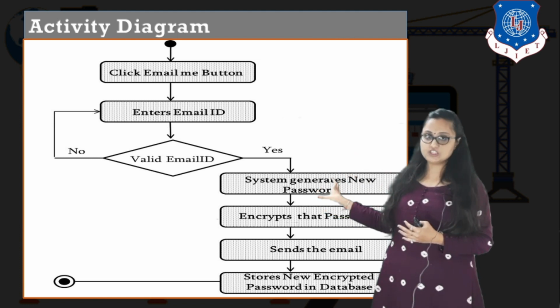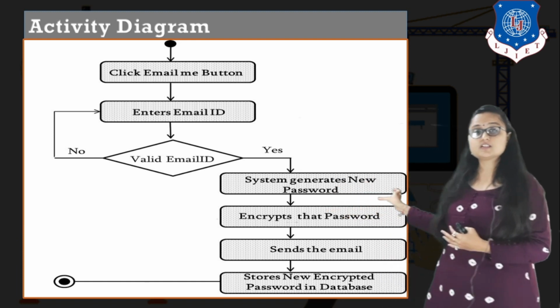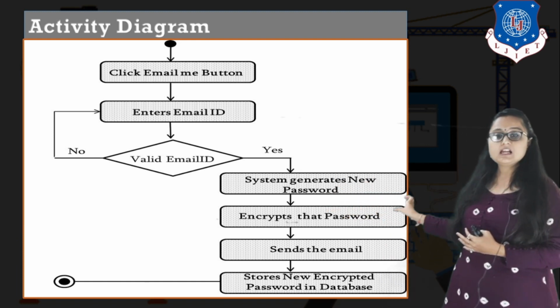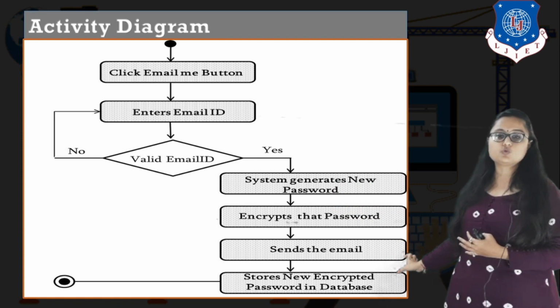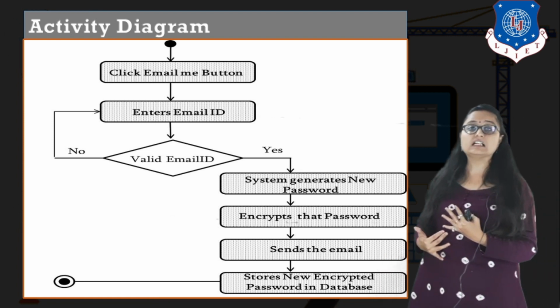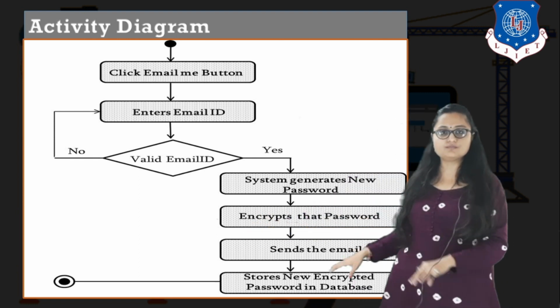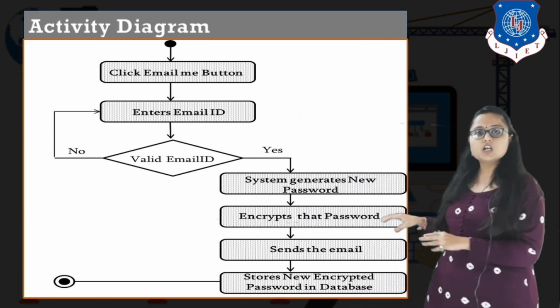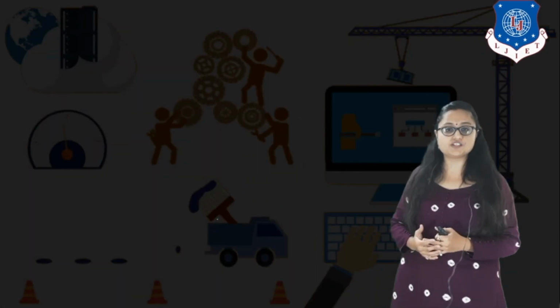The system will generate a new password, encrypt that password, and send it via email, and that new encrypted password will be stored in your database. That is the whole scenario of password creation, and it comes to an end. So this was another example of activity diagram for creation of new password.